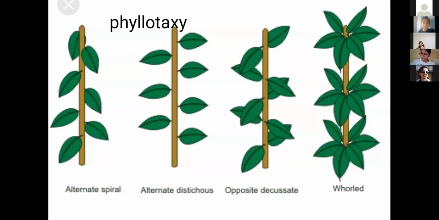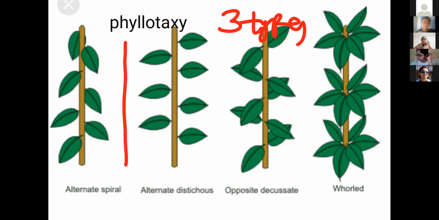Phyllotaxy is basically of three types. First, understand alternate phyllotaxy. The stem has nodes, and at the nodes leaves are there. If at each node only a single leaf arises, then we call it alternate.